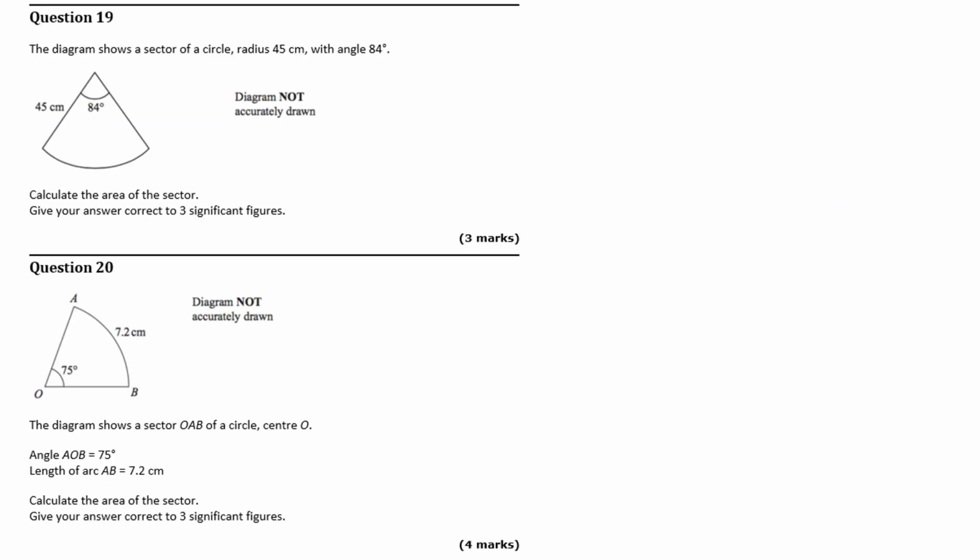The area of the sector is determined by the angle that makes it. So we've got 84 divided by 360 times the formula for the area of the whole circle, which is pi r squared. So that would be how you would find the area of this sector. And we're told in the question that r is 45.